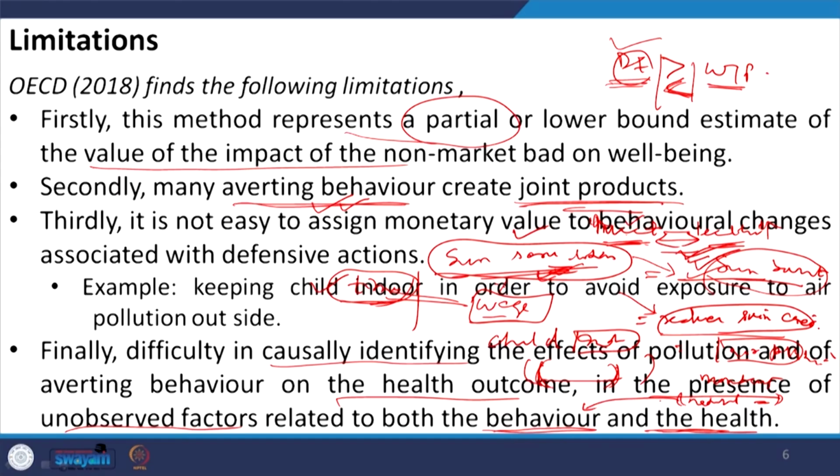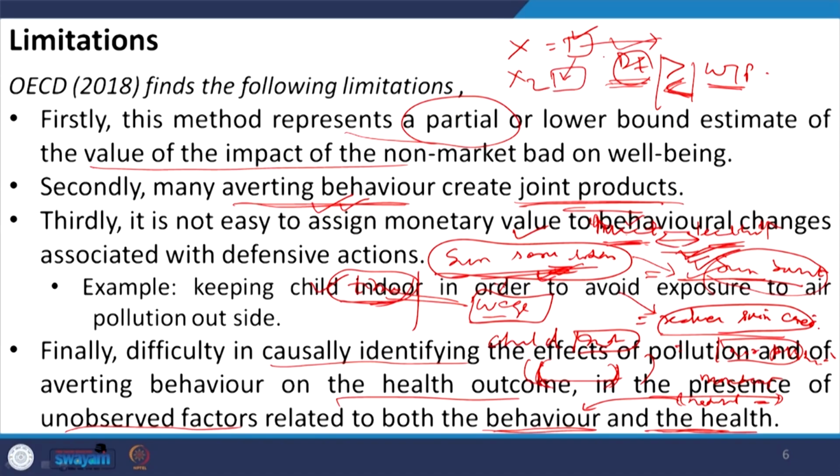How does this unobserved variable, the natural immunity system, impact the behavior itself? Suppose child X is strong, that means his natural immunity system is strong. So, he can be exposed to pollutions, he can tolerate them, and there will be no effect; he will not fall sick. But there is another kid, X2, who has a poor immunity system.